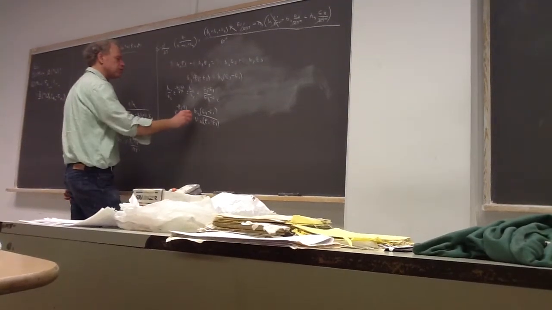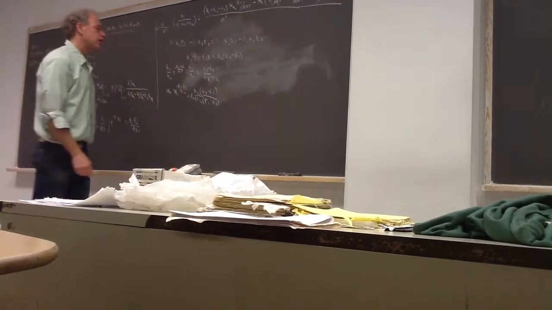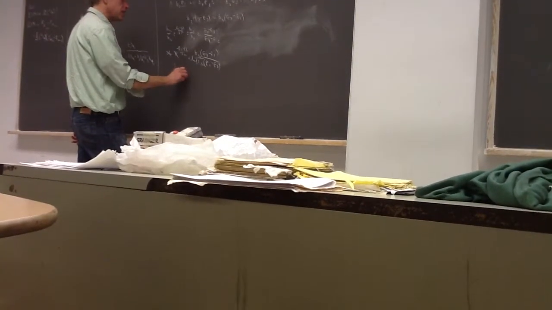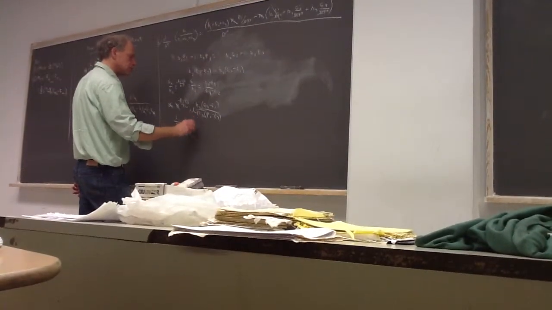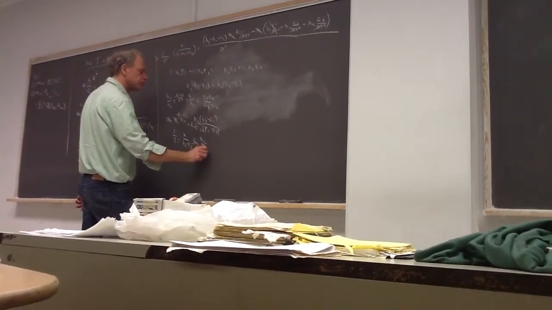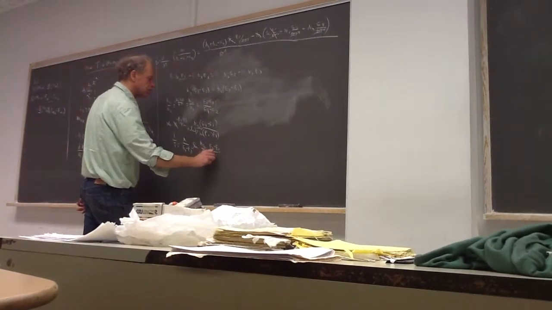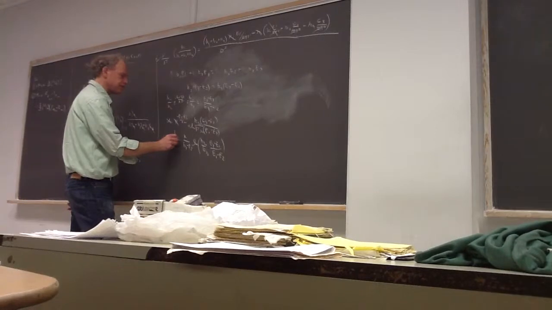I take the log of both sides. And I get 1 over T is equal to R over E3 minus E2 times log of K3 0 over K2 0 times E3 minus E1 over E1 minus E2. And this is, of course, the best T.